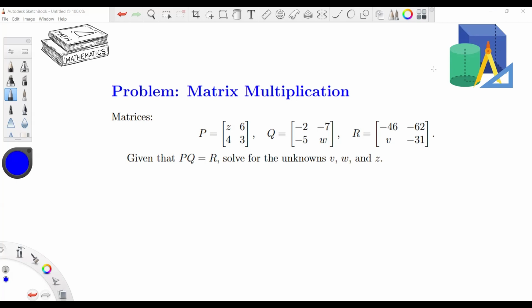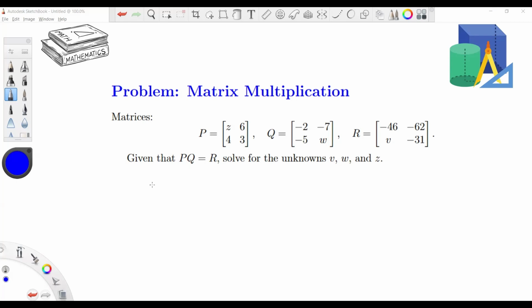We have been given here that the matrix R is the product of two matrices P and Q. And we have been asked to solve for the unknowns V, W, and Z. So what we start by doing is to write down our matrices.